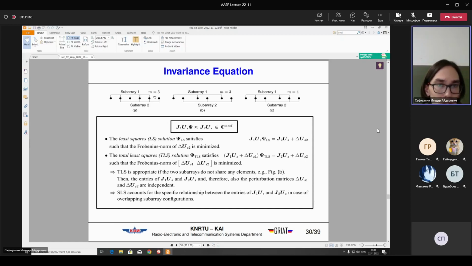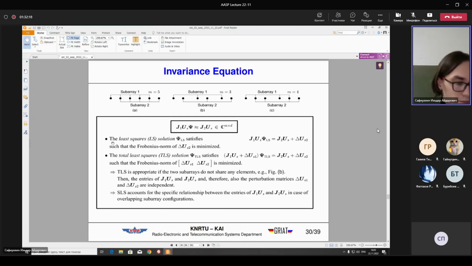Here we have the maximum overlapping subarray. This one is not maximum overlapping, so we choose for the first subarray only odd elements, and for the second subarray only even elements. And here you can see that we have an unusual configuration.